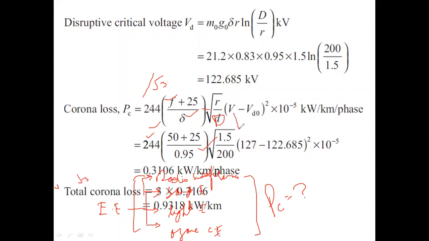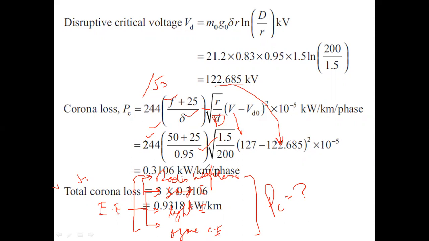Now this is the phase value. We have converted 220 into the phase value by dividing by root 3, so 220 over root 3 is 127, minus the audible corona voltage, which we have already defined, 122.68, whole square, into 10 raised to the power minus 5.